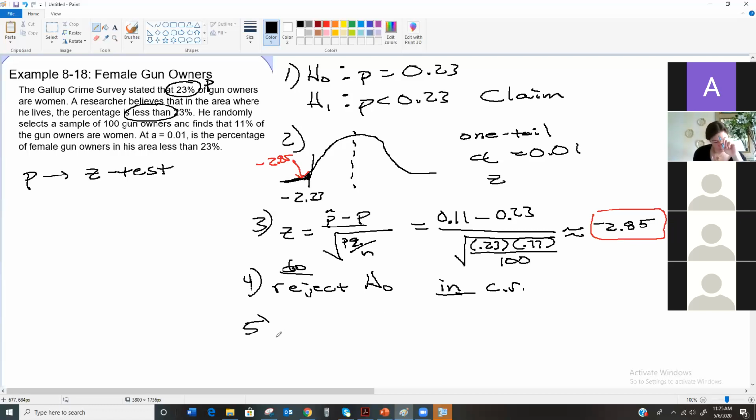And so there is enough evidence to support his claim that his area is different. And not actually different, that his area is less. So since he started with less, he can actually say less. There is enough evidence to support his claim that in his area, it's less than 23% of women that own guns.